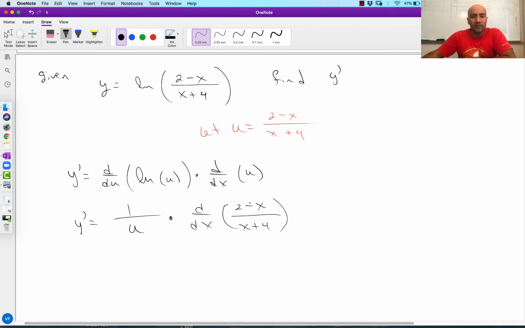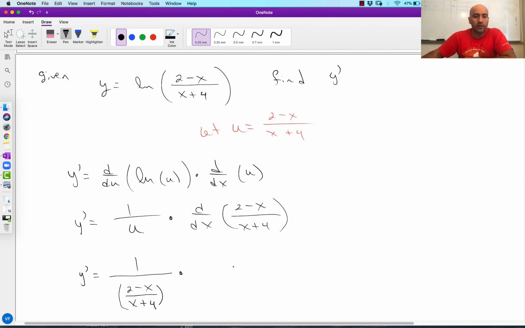Okay, now for this guy, we're going to use our quotient rule. So this means that y prime is equal to 1 over, and then there's a little fraction down here where we have a 2 minus x and an x plus 4. So that's just substituting the u from there.